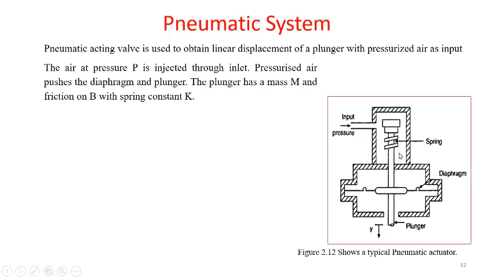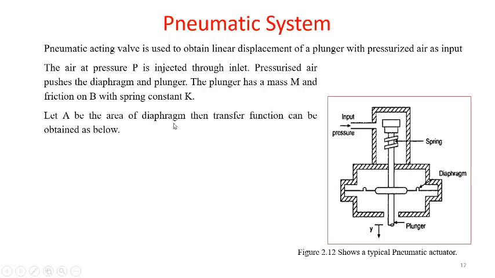So the friction part is the damping part, which is the air itself, which is the damper. It is going to cushion and resist, or take the shocks or load also.